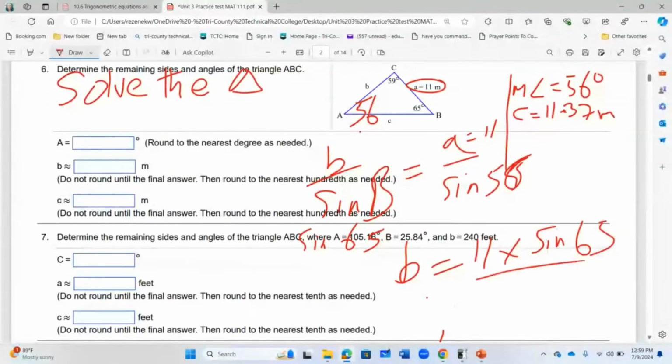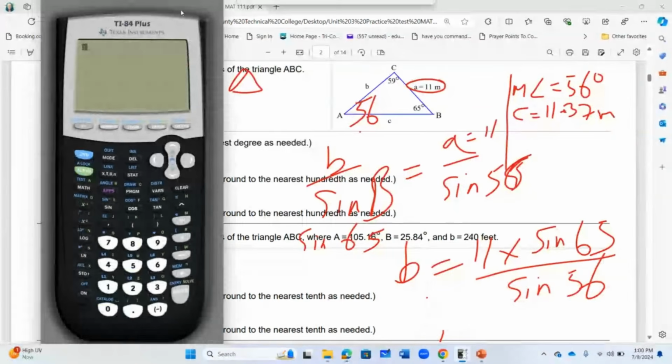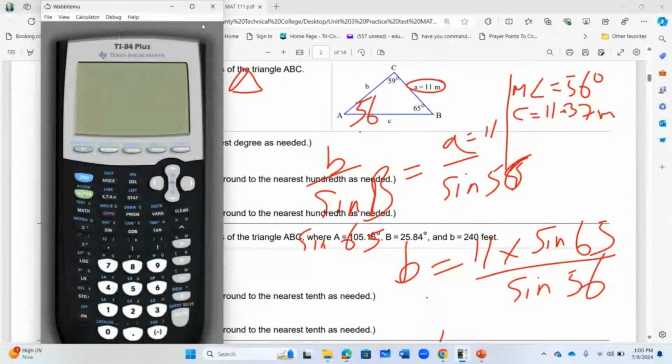So 11 multiplied by sine 65 degrees divided by sine 56 degrees. Now I'm going to get a calculator. So now I have 11 multiply sine of 65 degrees.